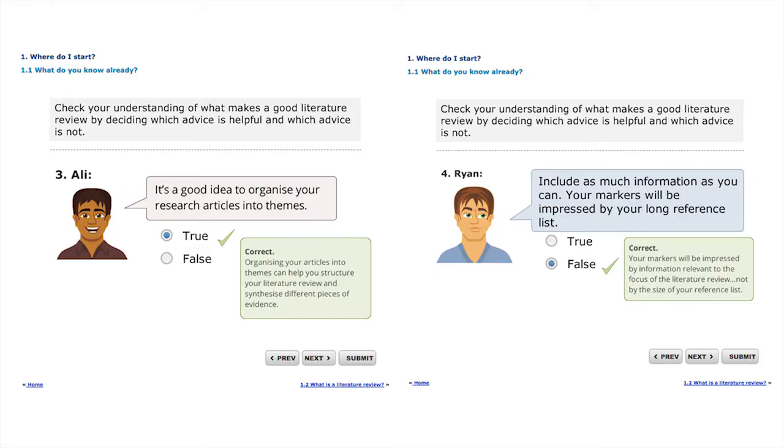Is that okay? Or Ali asked, is it good to put all the research ideas into some sort of a theme? Is that what you want us to do? Or as Ryan asked, if I have a big bibliography, everyone will be impressed, and you've got to give me that 10 out of 10 which I need. No, that's not right.